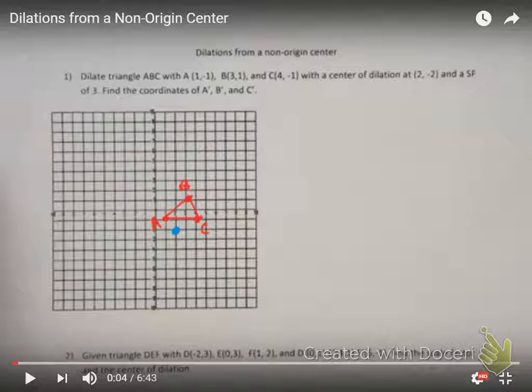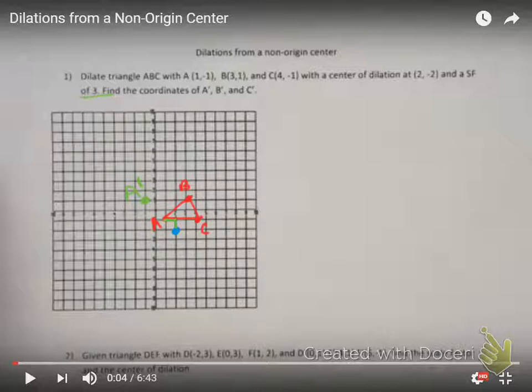Let's start with point A. From our blue point, I go up 1, over 1. Does everybody see that? The scale factor is 3, so from my blue point I really need to go up 3, over 3. I'm multiplying the distance. And that would be my A prime.